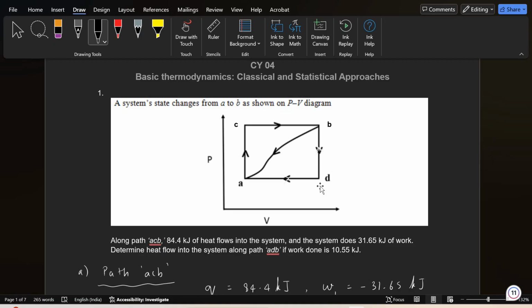Think about it and let me know. Is work being done over there? Here pressure is constant. And then is work being done over there?